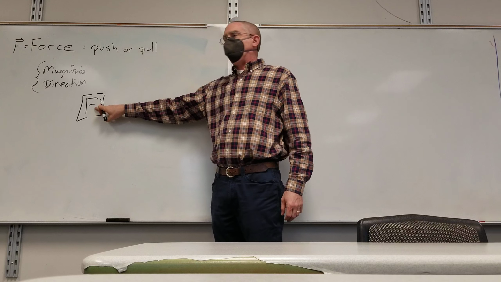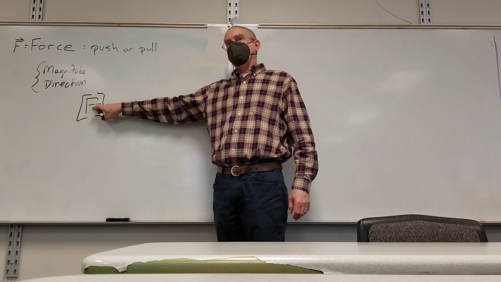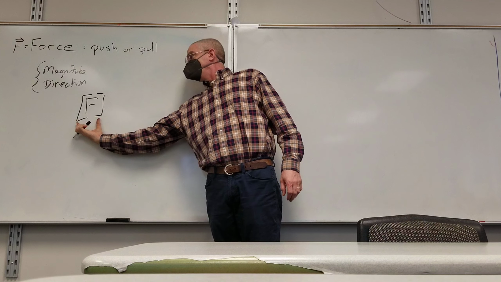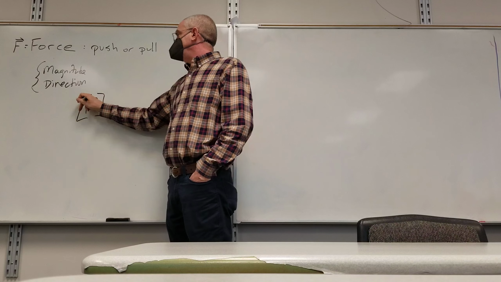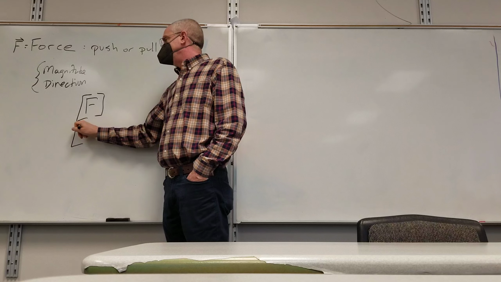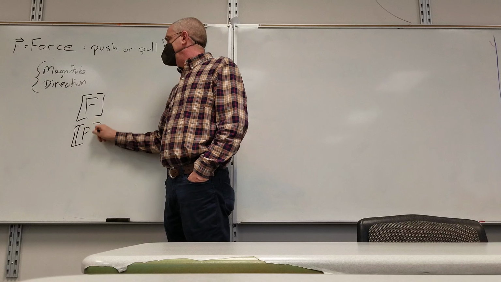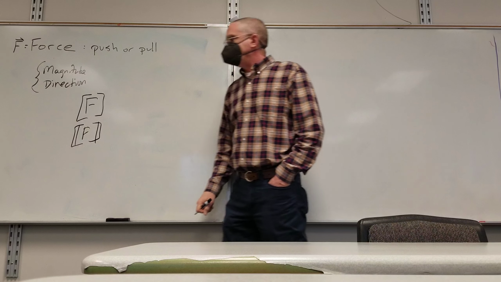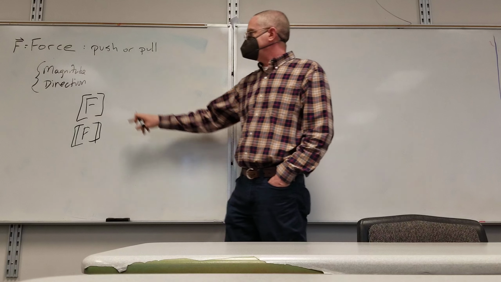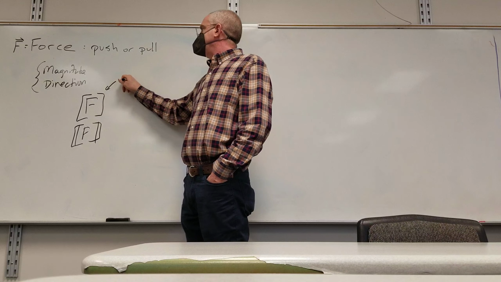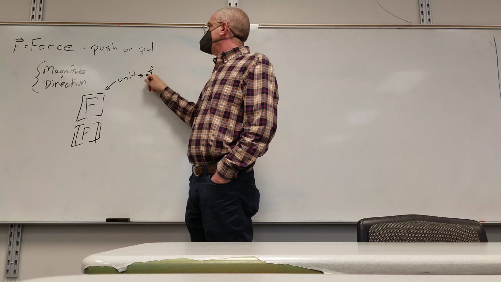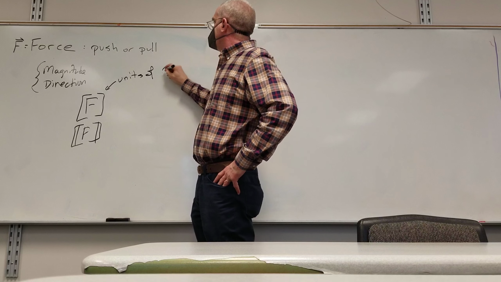So this would be just the magnitude of the force. And when I put the brackets around it, this is saying the units of. Some textbooks, not Hewitt, will do that to indicate we're talking about units. Units of the magnitude of force.